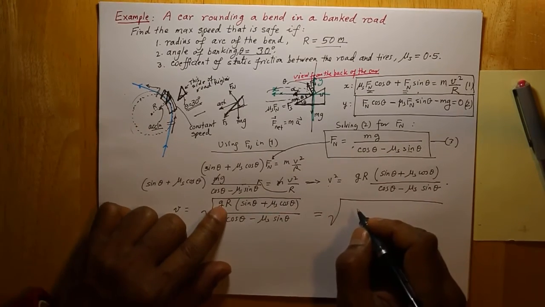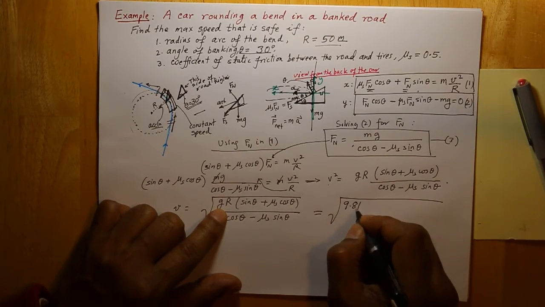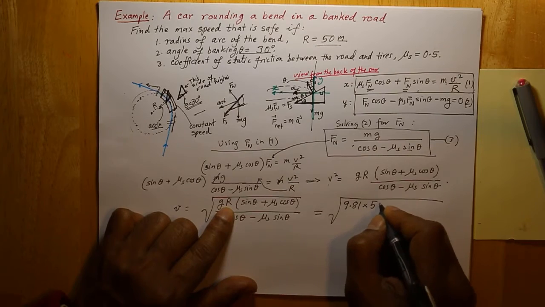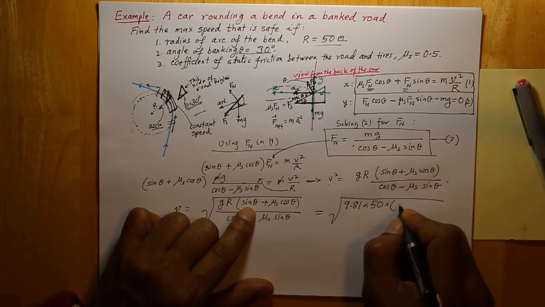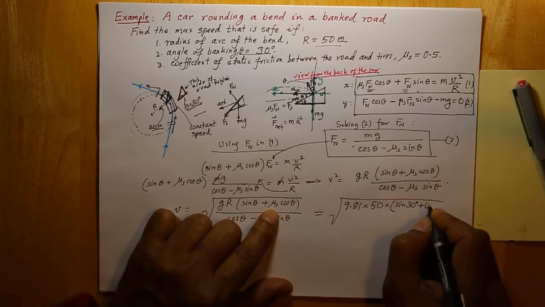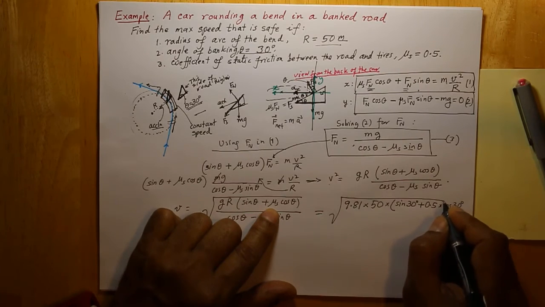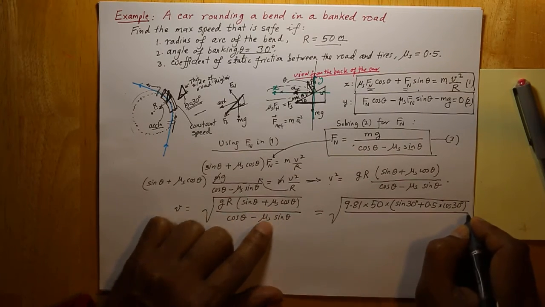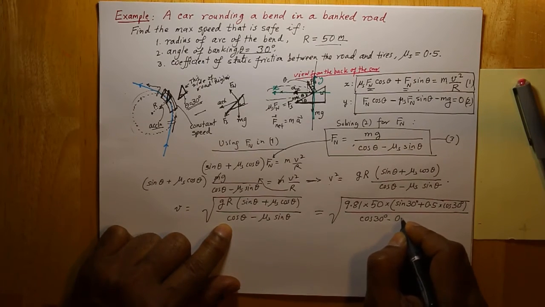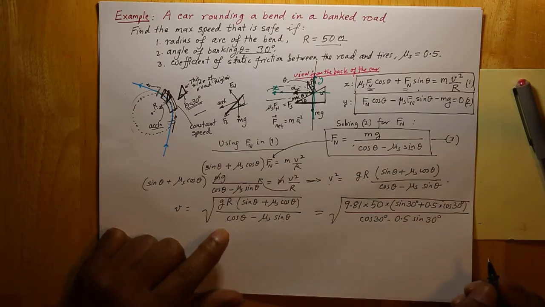So g is 10. Let's try 9.81, because I'm going to put it in the calculator. And r is 50. And sine 30 degrees is 0.5 times cosine 30 degrees, divided by cosine 30 degrees minus 0.5 sine 30 degrees.